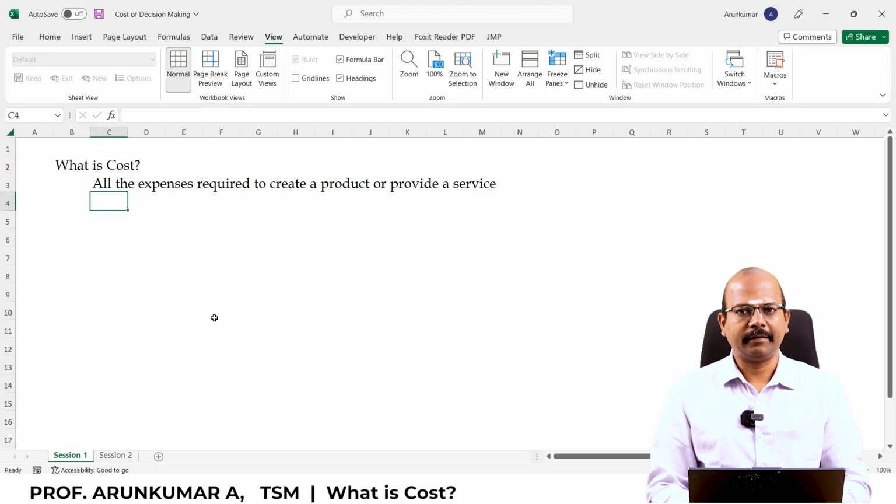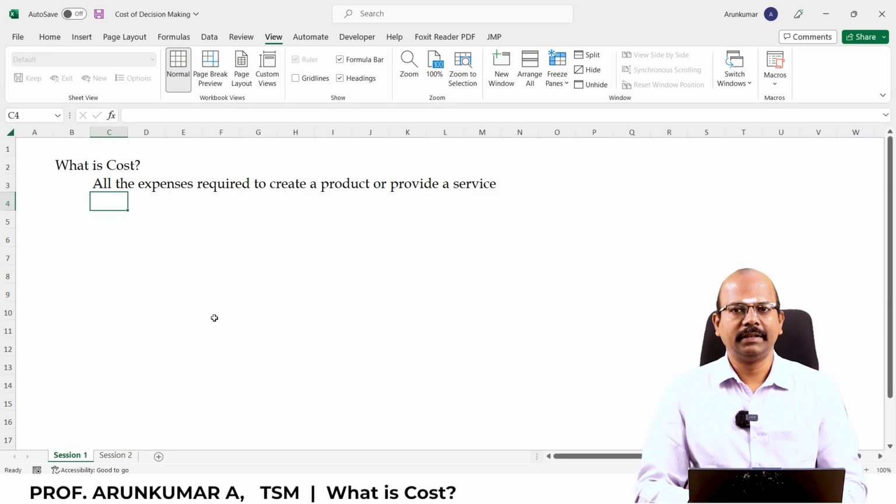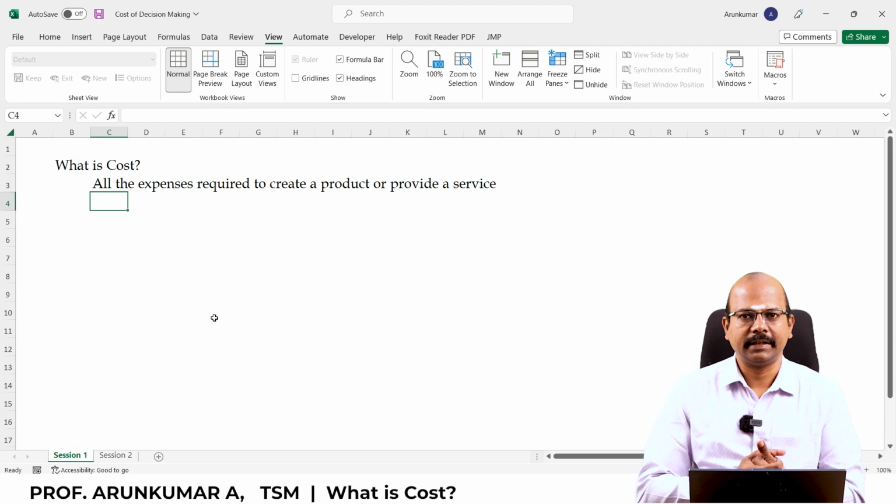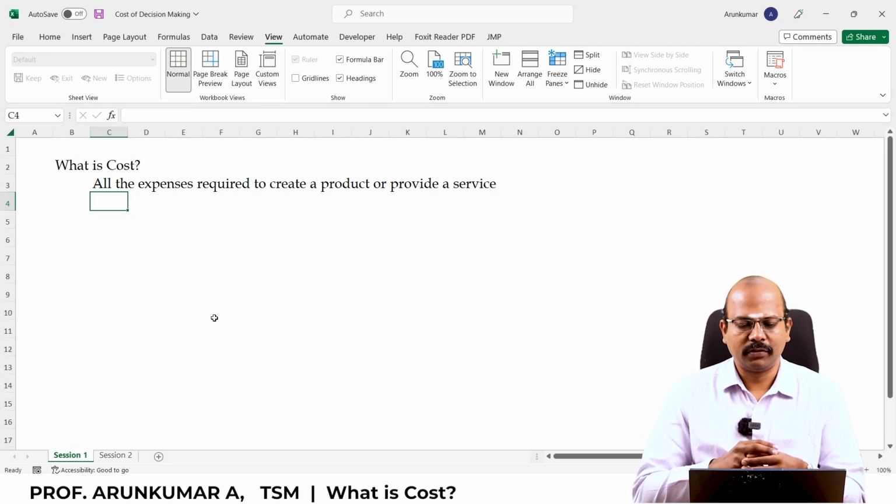With respect to product, what will be the cost, and with respect to service, what could be the cost, we need to clearly understand. Otherwise, on many occasions, since it is not clearly understood, people are unable to understand the correct pricing.